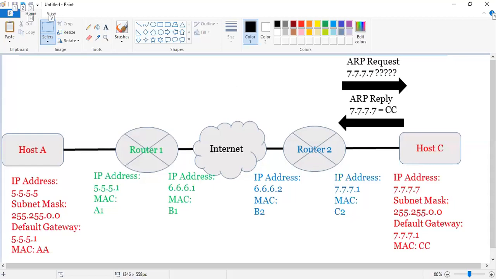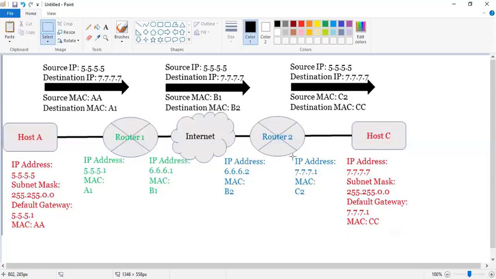If the ARP cache of router 2 already has the MAC address of host C, then it doesn't perform any ARP request. It will send directly because it already knows the MAC address of 7.7.7 is CC. Just remember till that extent.